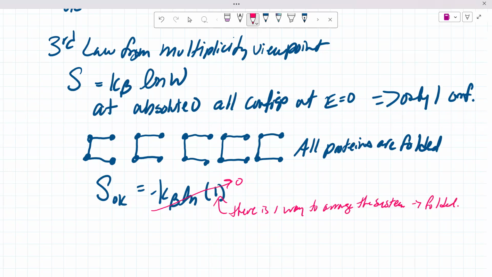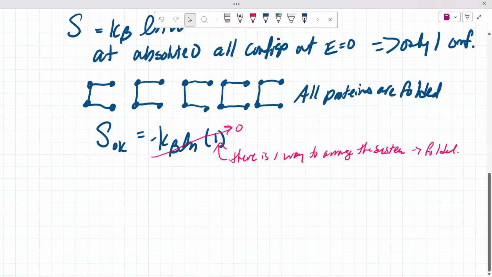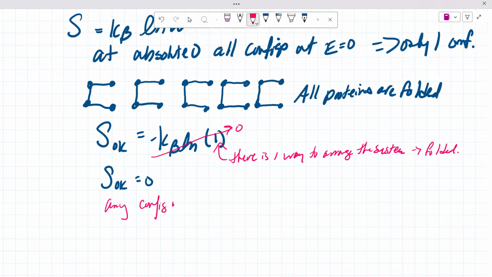This kind of assumes that the lowest energy state is the folded state of a protein, which is not always the case, but for lattice proteins we have this nice observation. So this means the entropy is 0. Any configuration system not at absolute 0 will have a higher entropy, which is basically the second law. And that implies a system not at absolute zero, pretty much all the time.